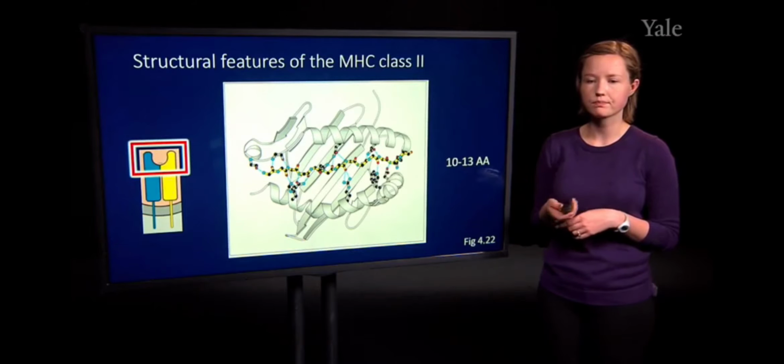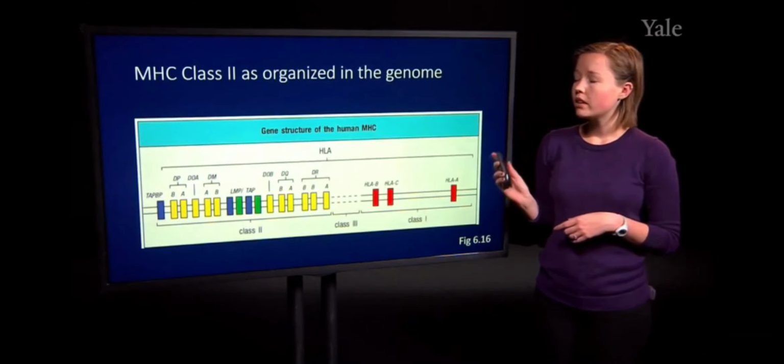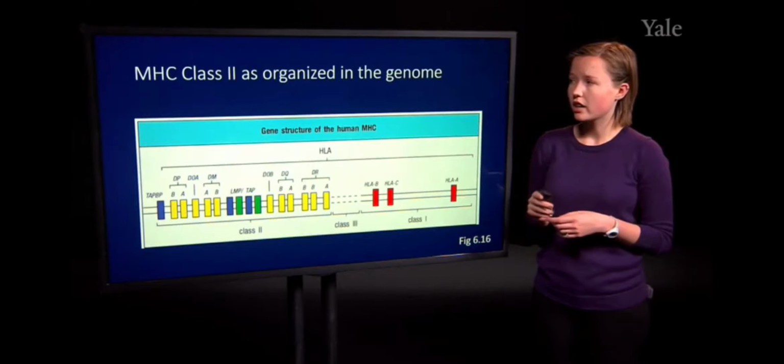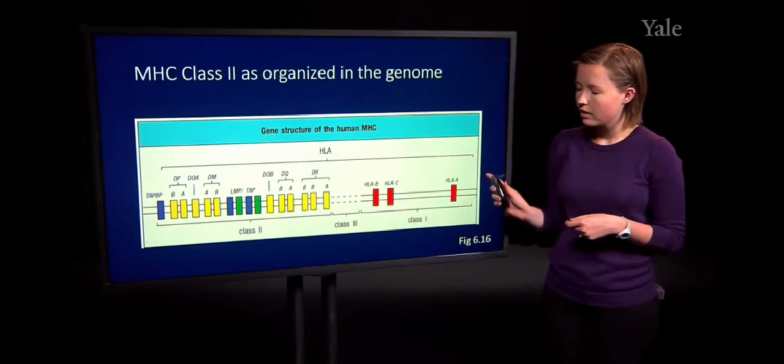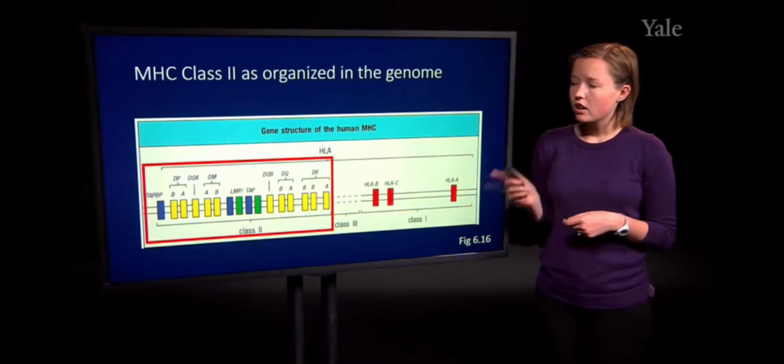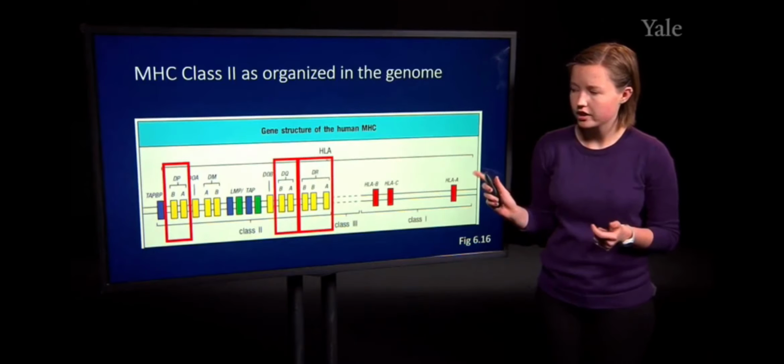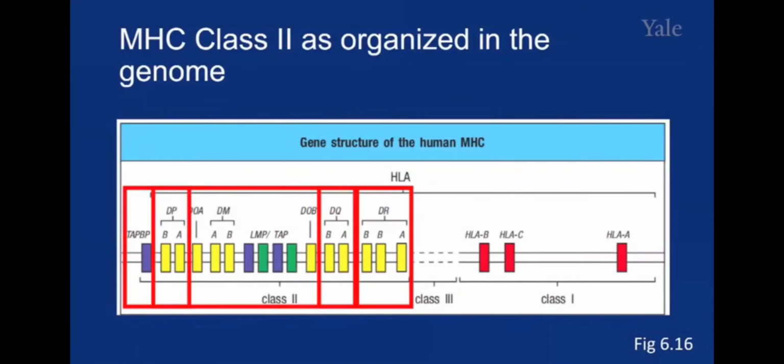When we look at the genomic organization, once again, we saw our MHC class 1 molecules here. Here are MHC class 2 genes, and there are a lot of other genes associated with antigen presentation that we're not really going to get into today because they're extremely specific details.